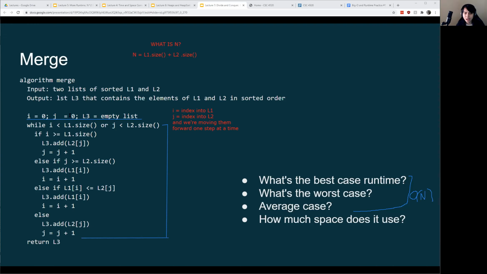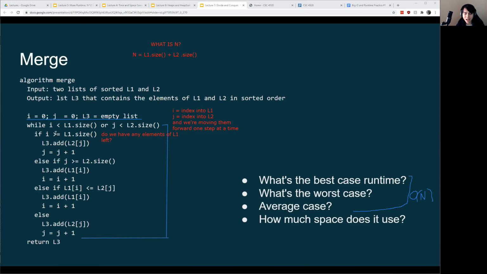So we know that I and J are going to be indexes into L1 and L2. What do we do with them? We check to see if I first is greater than or equal to L1 dot size. This is really checking to see, do we have any elements of L1 left?